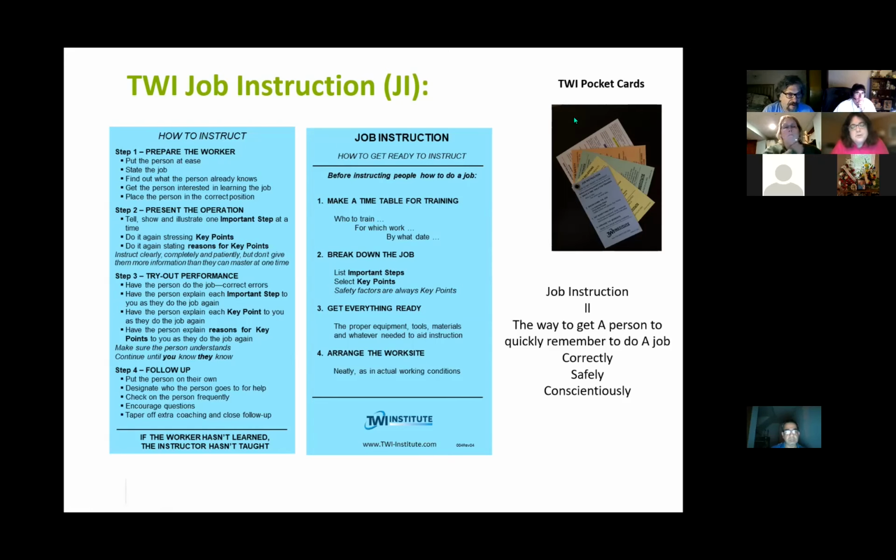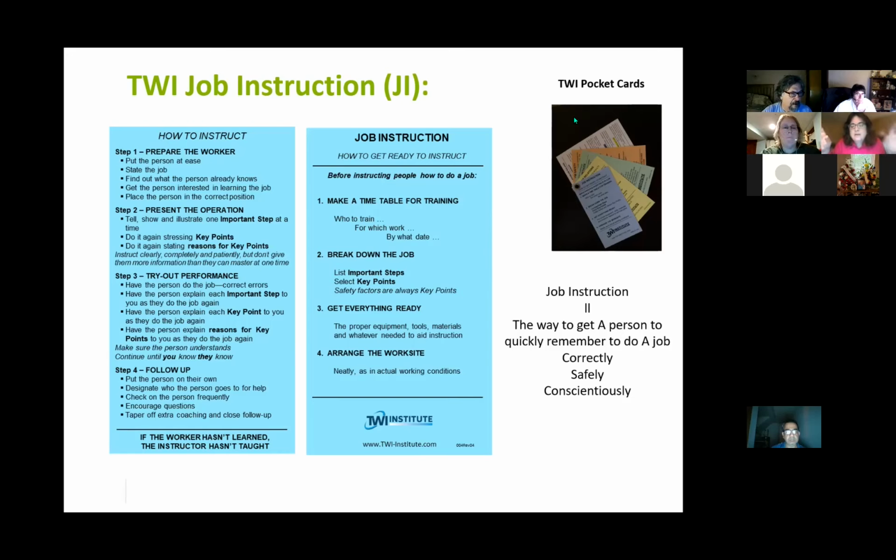In step 2, the trainer uses that script to do their teaching. They show the job the first time. The first time they only give the steps. They come back, they show the job again, they give steps and key points. They come back, they do it a third time. They give the steps, the key points, and the reasons for the key points.